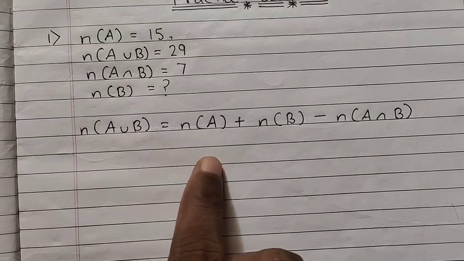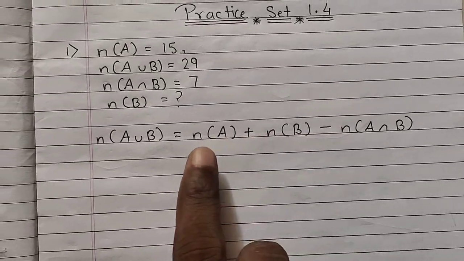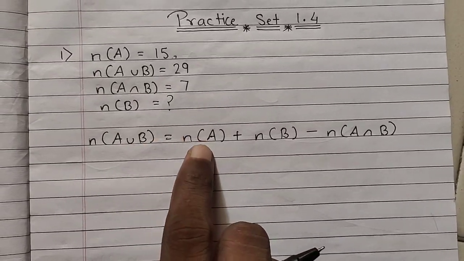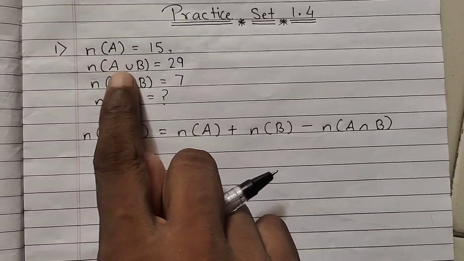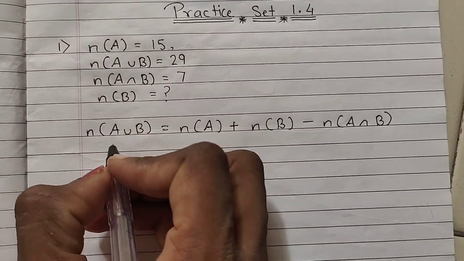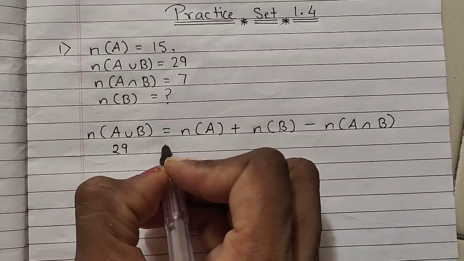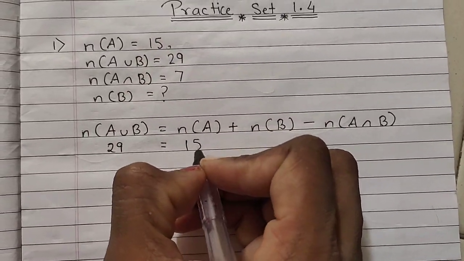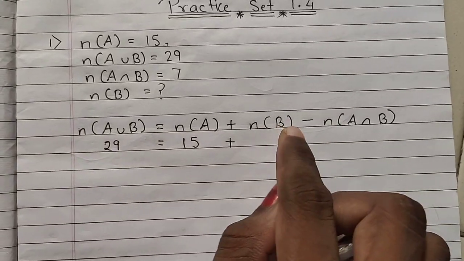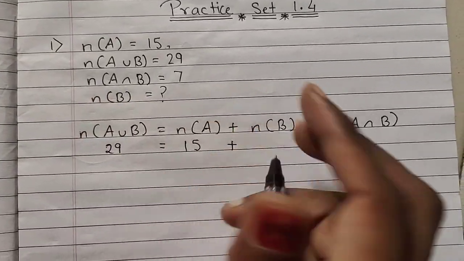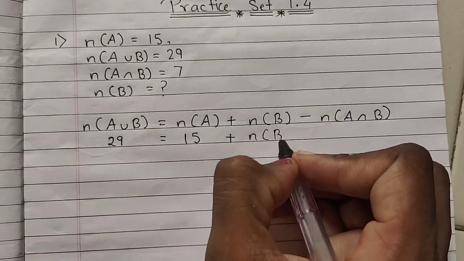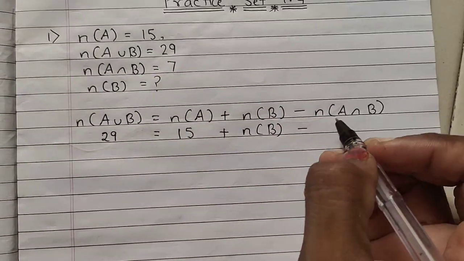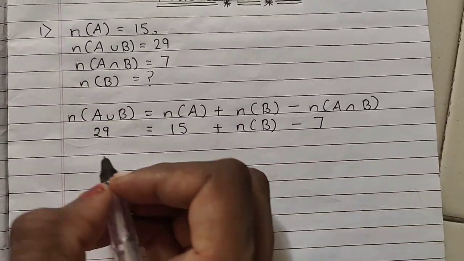Now we are going to put the values of the union, n(A) and intersection. What is union value? 29. So here in place of union you will write 29, then equal to is there. What is n(A)? 15. Now what is n(B)? That we don't know, we have to find out this. So keep n(B) as it is. Then what is intersection? Intersection value is 7. So put the value, that is 7.